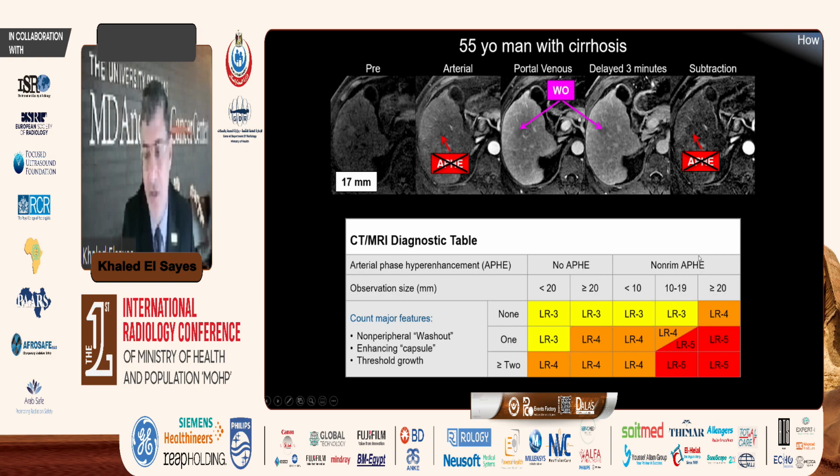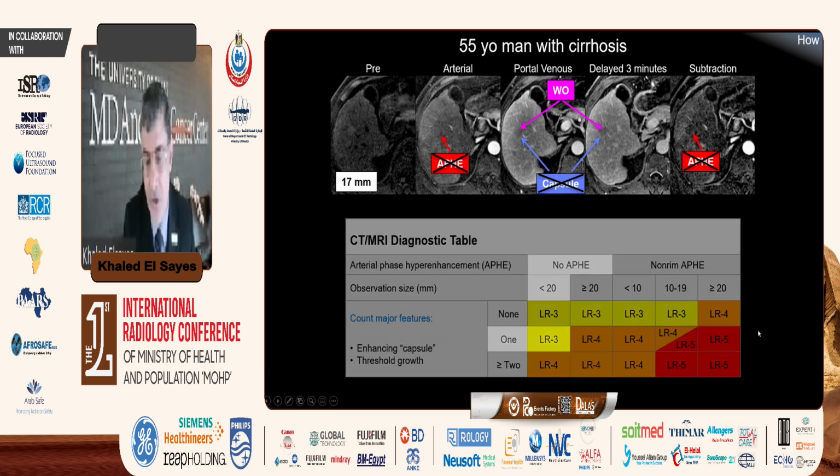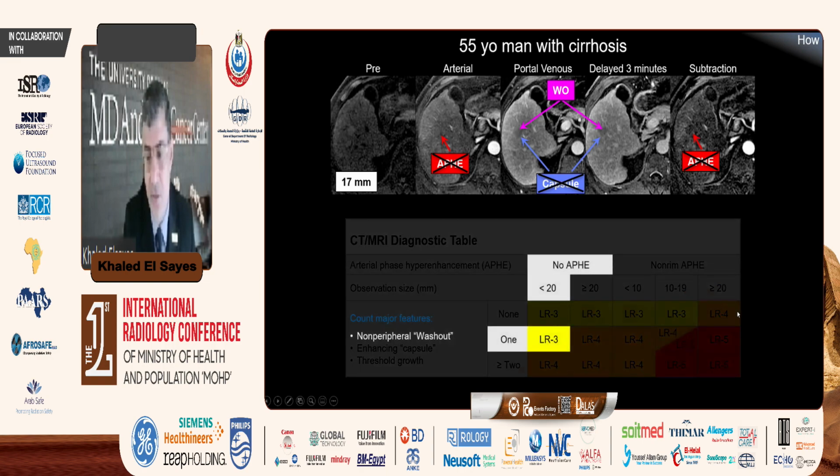There is washout in this observation, and there is no capsule. You put it here, it's 17 millimeters, less than 2 centimeters, which will be LR-3, right? Because it has only one major feature in this case.